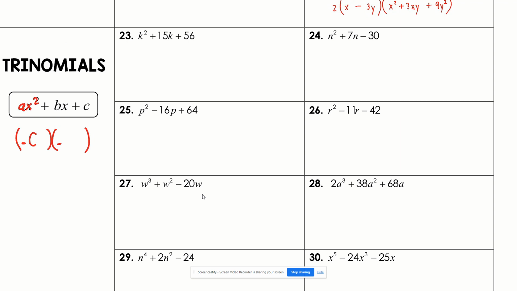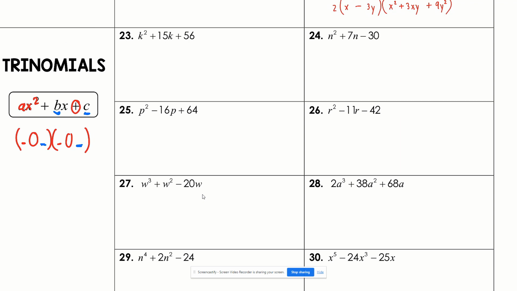Then the sign here we determine based on what's multiplying to get that positive. And then these last 2 values we determine based on what multiplies to get this, but they combine to get that.